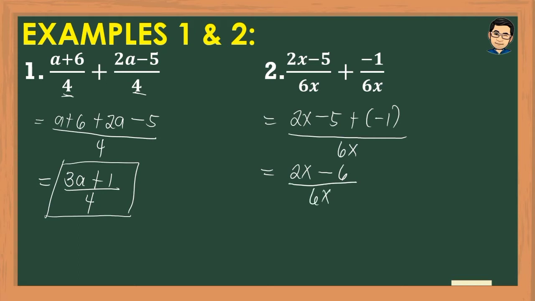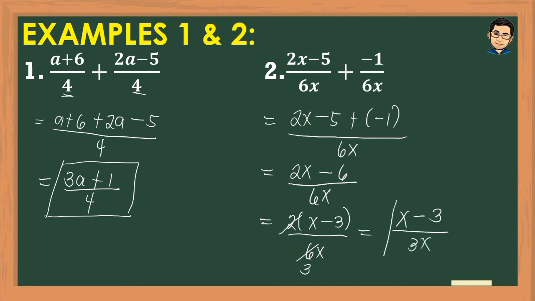Using the greatest common monomial factor, 2x minus 6 will be factored as 2 times x minus 3, because the GCF is 2. Now we can cancel 2 and 6 since the GCF is 2. Dividing 2 by 2 gives 1, and 6 becomes 3. So our final answer will be x minus 3 over 3x.